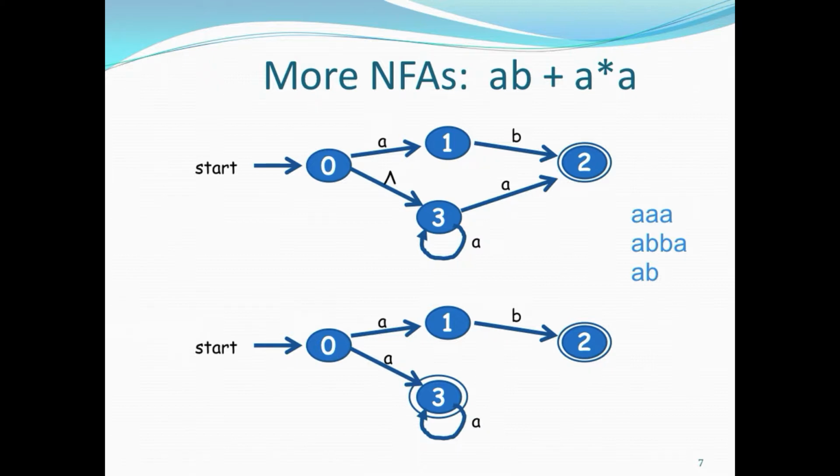And hopefully if you look at these strings, you'll agree with me that AAA is in this language, and so is AB, but ABBA is not in the language. So let me show you how both the first and second string are in the language for both of these NFAs, and how the middle string is not.